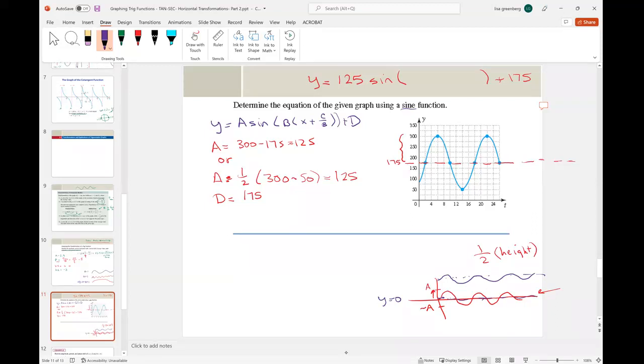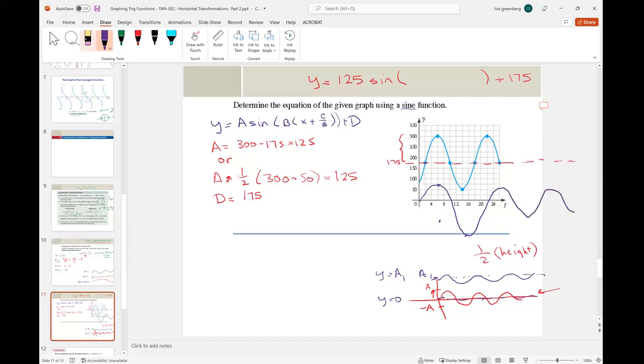So if I'm shifting it up to, let's call this a sub 1, my new 0 is at y equals a sub 1. So how much have I shifted it? That amount, wherever the center is of the new graph, because it should be going up and down around this x-axis, right?